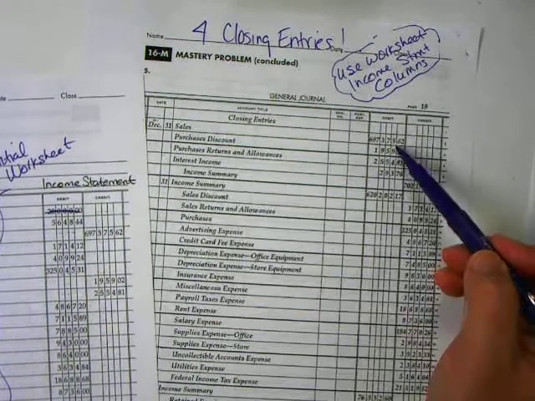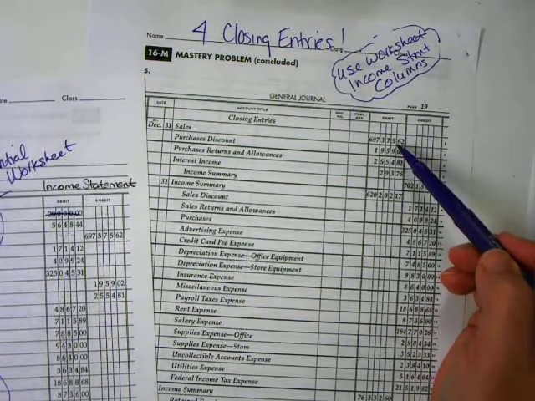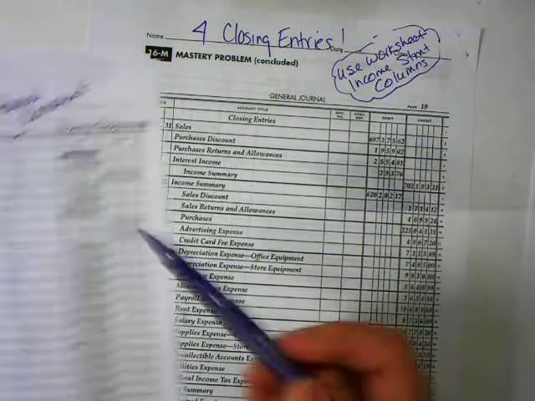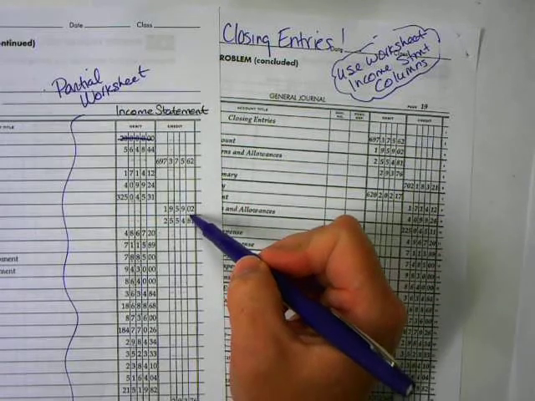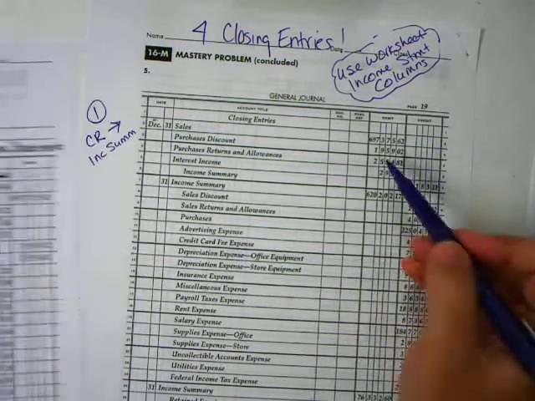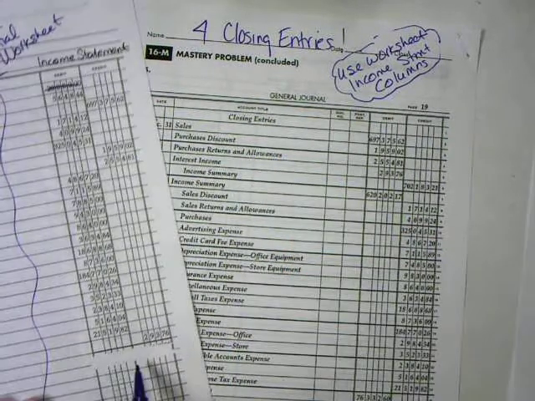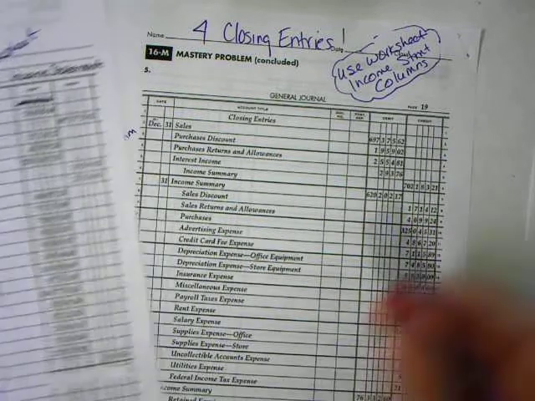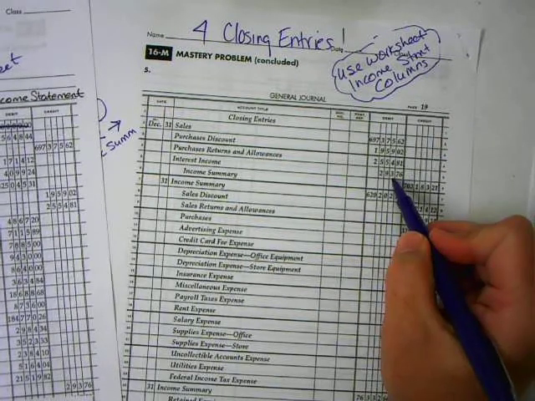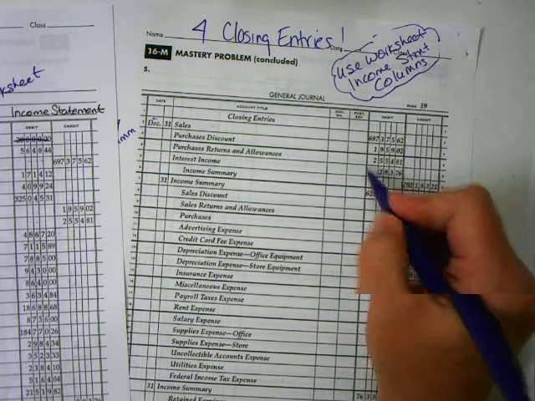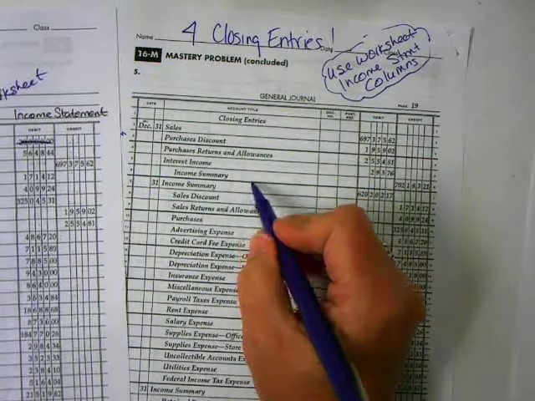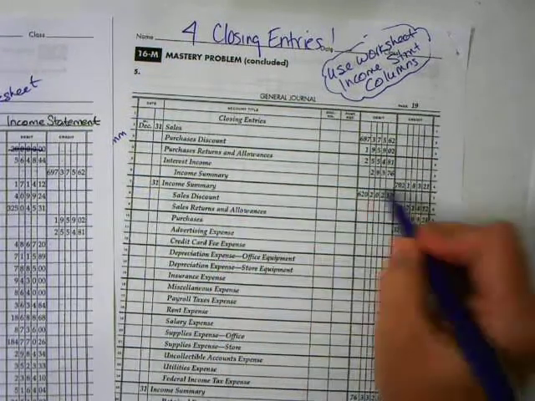Credit here, debit here. That means that'll go to zero, right? When we start posting. And then 1959, 2554 for purchase discounts, purchase returns, and allowance. And interest income down here at the bottom is the next one. Okay, all of those are debits. They're going to close into income summary. So income summary is our credit.